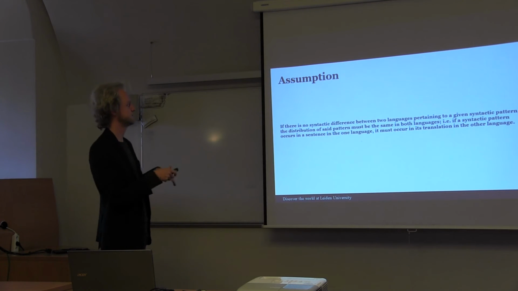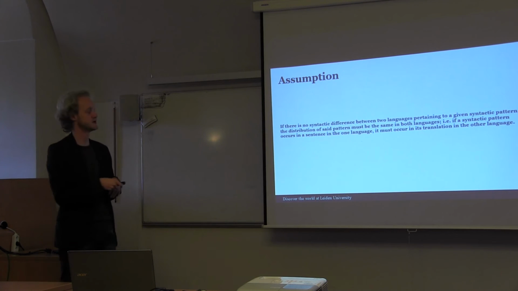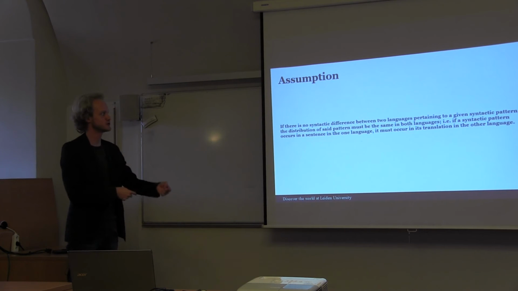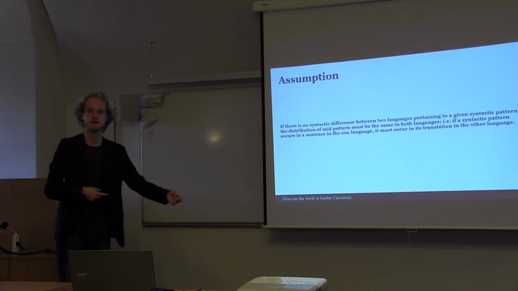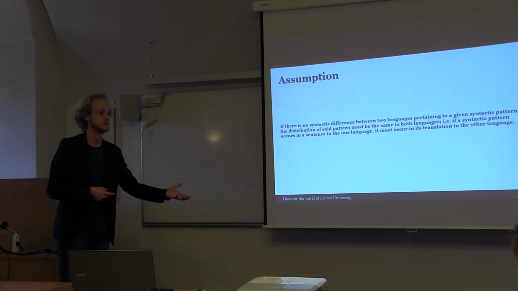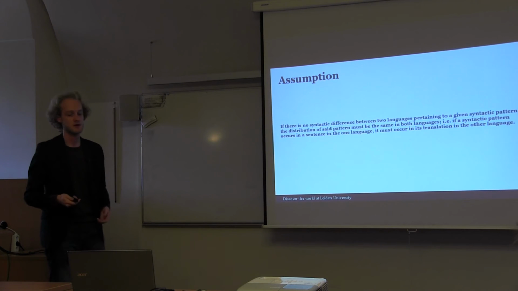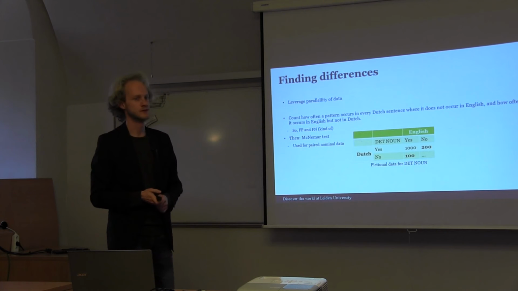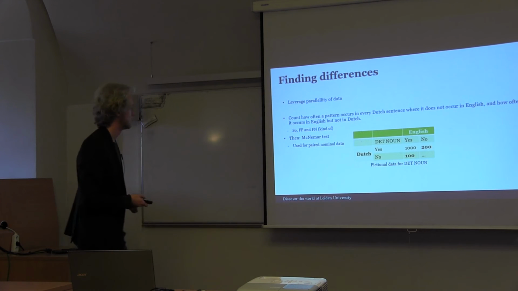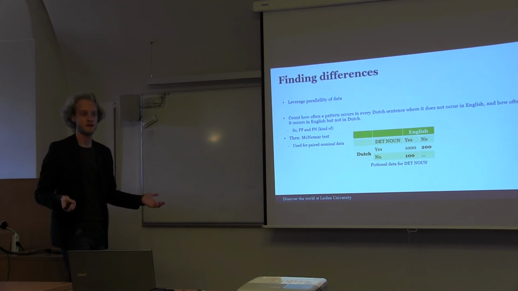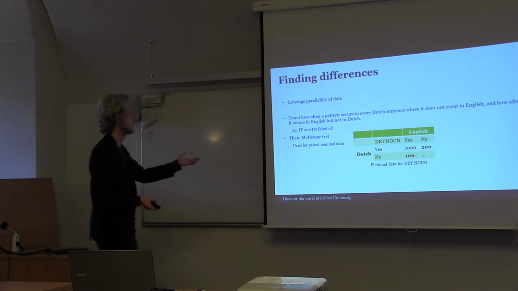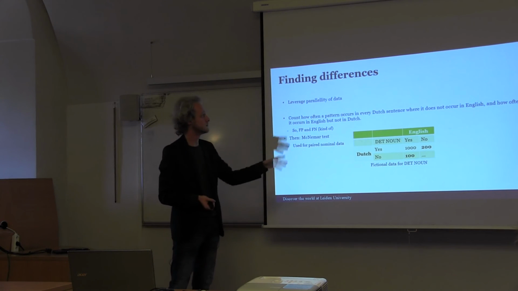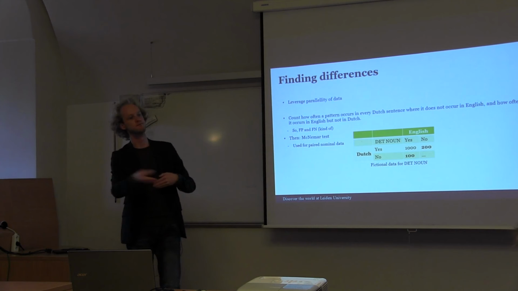That is to say, if a syntactic pattern occurs in a sentence in the one language, it should also occur in its translation in the other language, if they are the same, if there's not a syntactic difference. So what we do is leverage the parallelity of our data, and we count for every pattern how often it occurs in every Dutch, for example, sentence where it does not occur in English, and also how often it occurs in English, but not in Dutch.